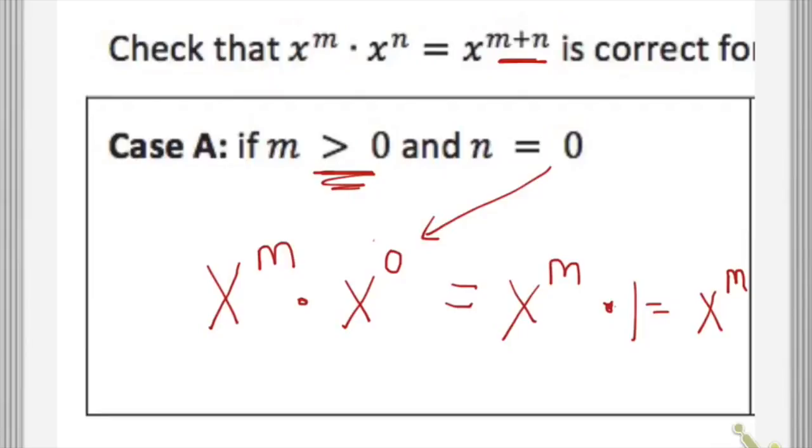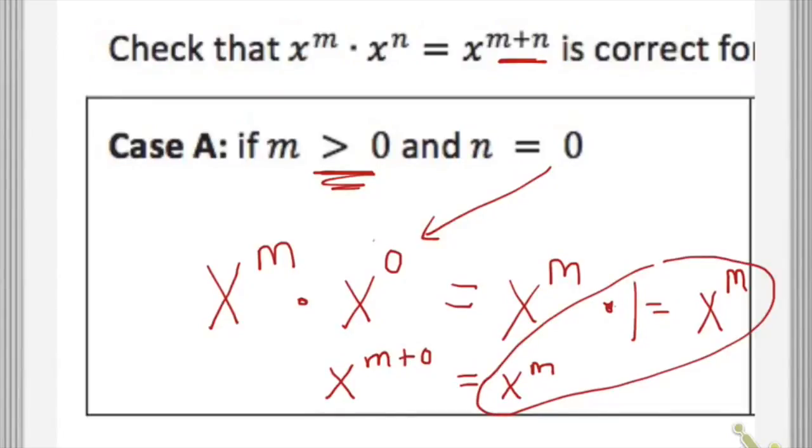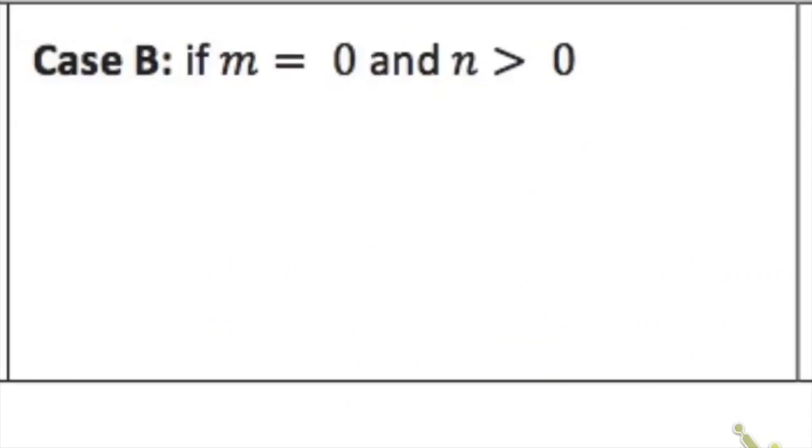And we can see that that still holds true for our old rule of being able to add the powers, because we would be adding m plus 0, which of course is just m. So having that work for that case just proves that rule of x to the 0 equaling 1.